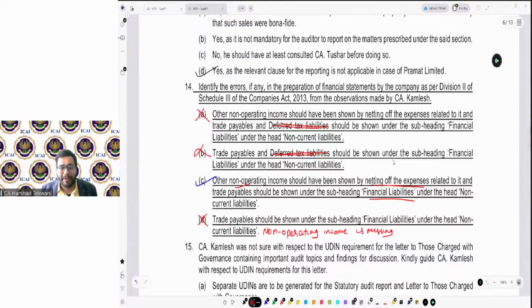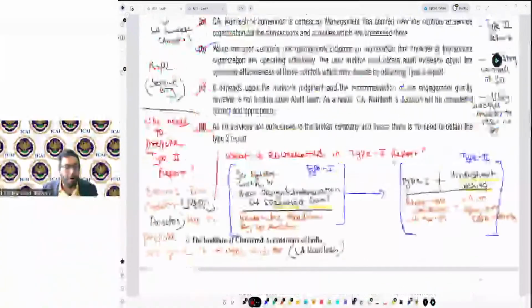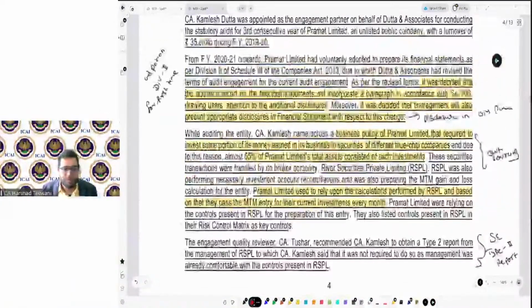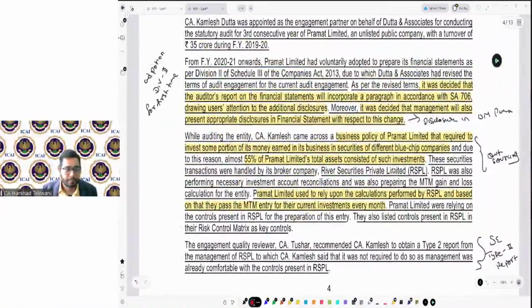There is no other purpose of investment other than capital appreciation, which is not mentioned over here. So in that case, I could say this is an investment company. And 55% of the total assets consist of such investments only. Majority of assets are investments. That's why it will be an investment company.